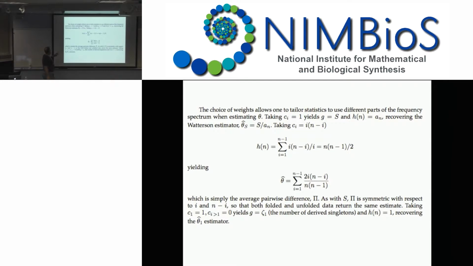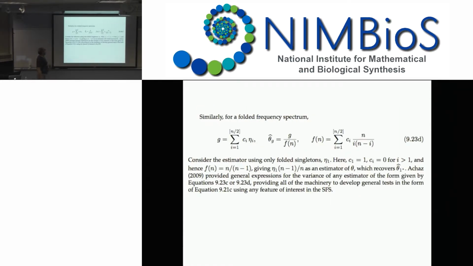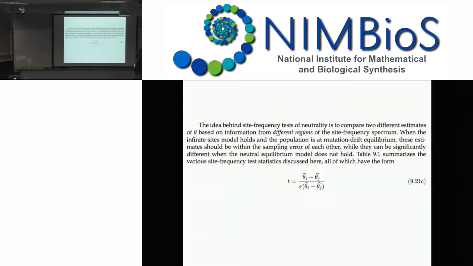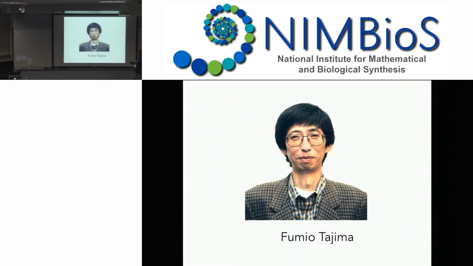If I take the weights as looking at c_1 equals 1, everything else is 0, that's the number of derived singletons, and I can do the exact same thing now with the folded frequency spectrum. So all these tests you see up here are basically taking this site frequency spectrum and weighting the points. So that leads us down to Fay and Wu and Zhang's H and E statistics.